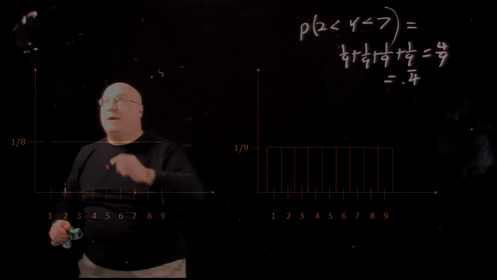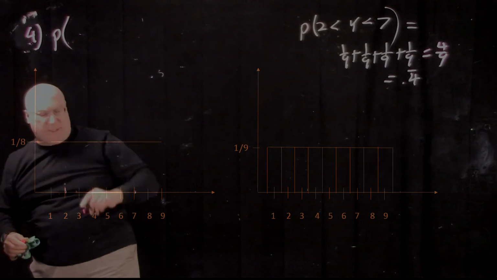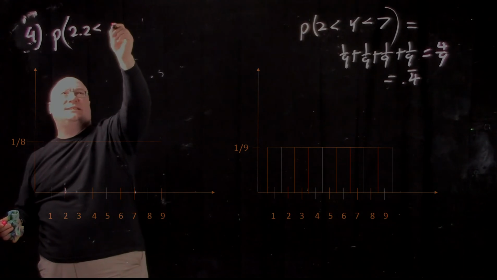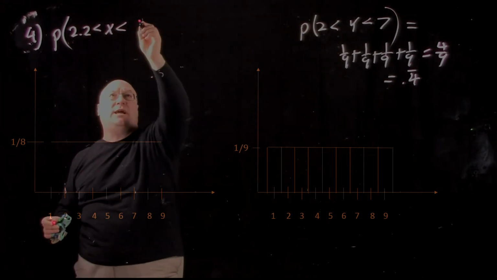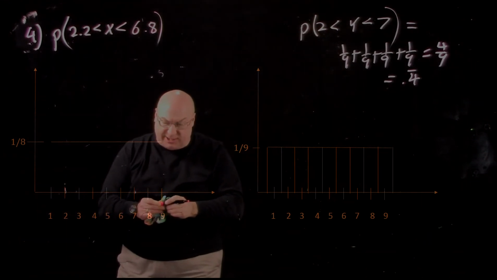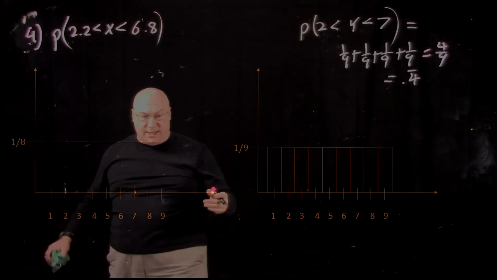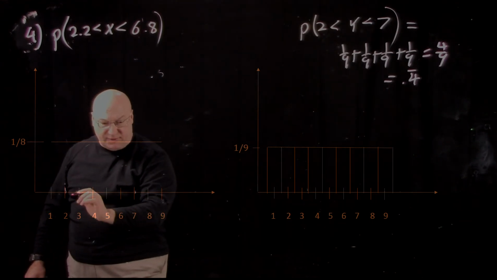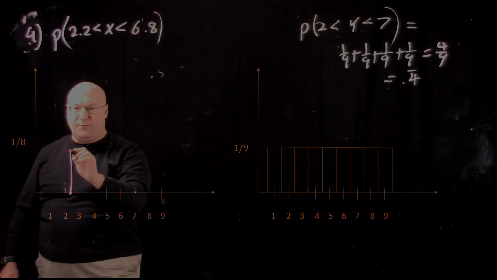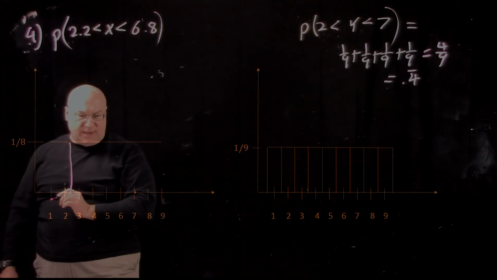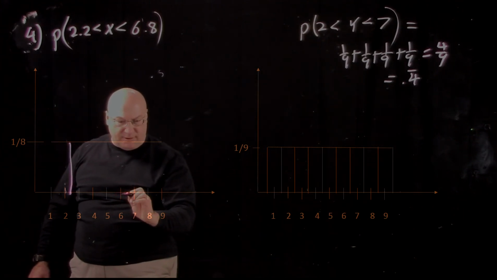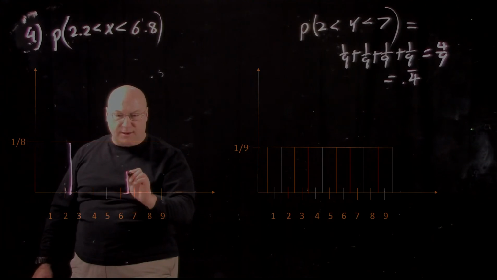Okay, number 4. I want the probability that 2.2 is less than x, which is less than 6.8. I look down here: my continuous random variable can take on any value between 1 and 9. I find my 2.2, which is about right there, and that is the left bar for my rectangle, and 6.8 is going to be about right there.